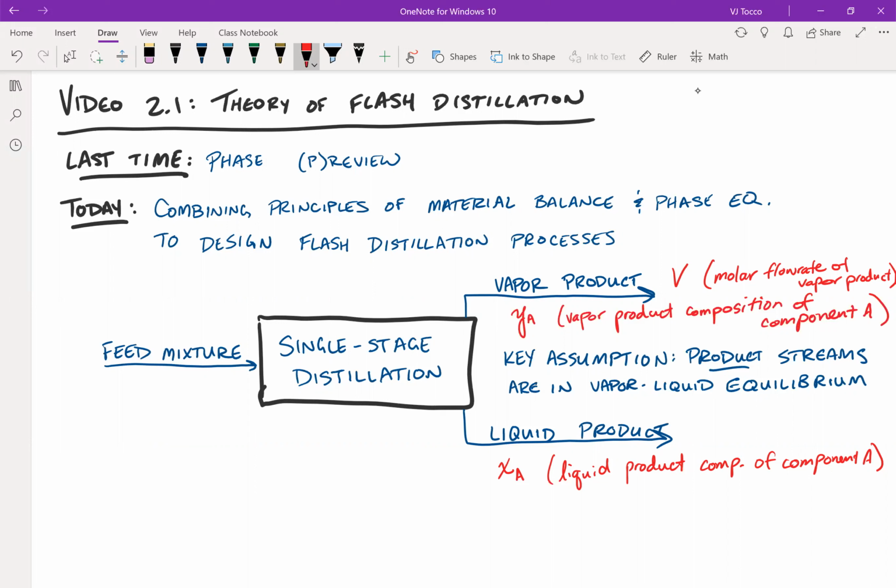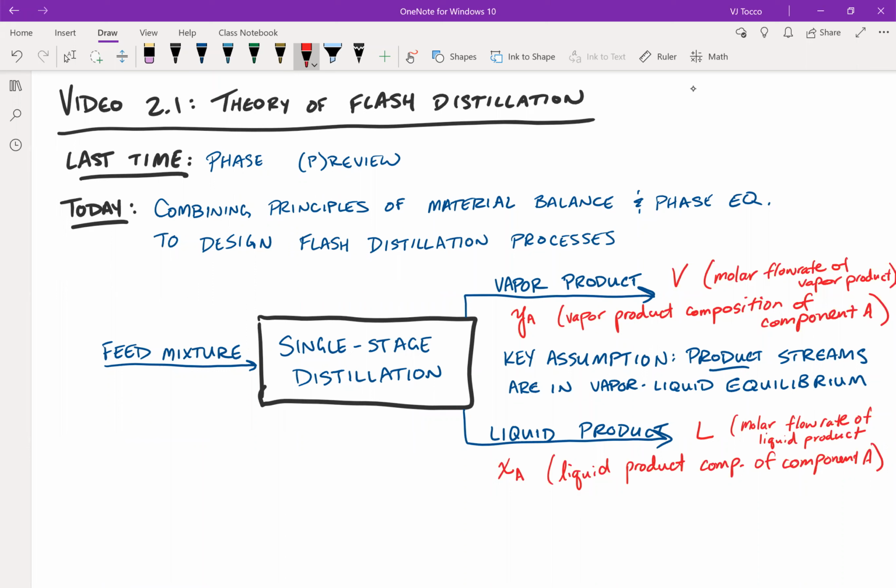So typically, remember in MEB, a dot above the variable signifies that it was a flow rate instead of just an amount. Similarly, for the liquid product, I'm going to say that the variable L is the molar flow rate of the liquid product. We need to do the same thing for the feed mixture.